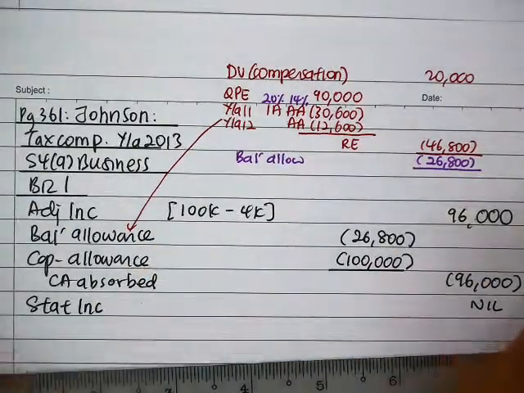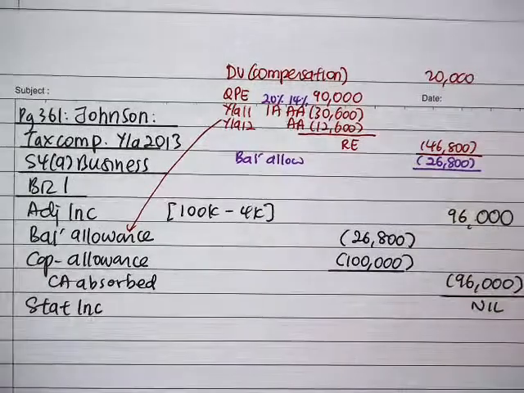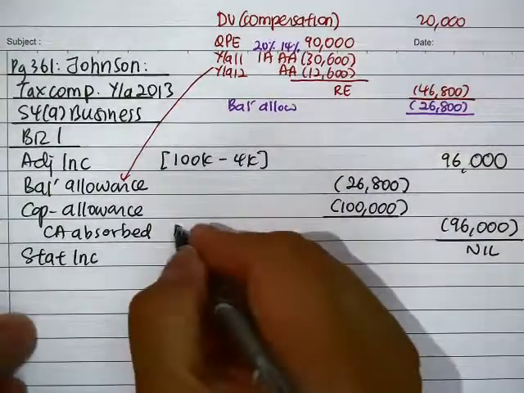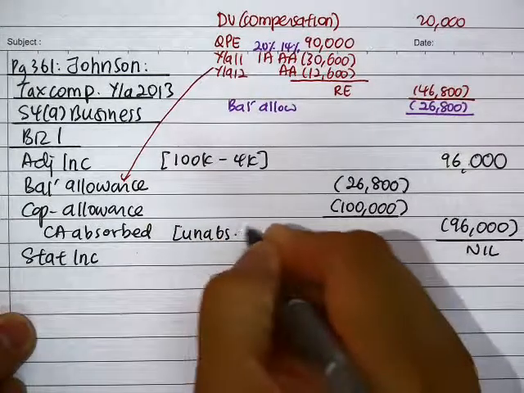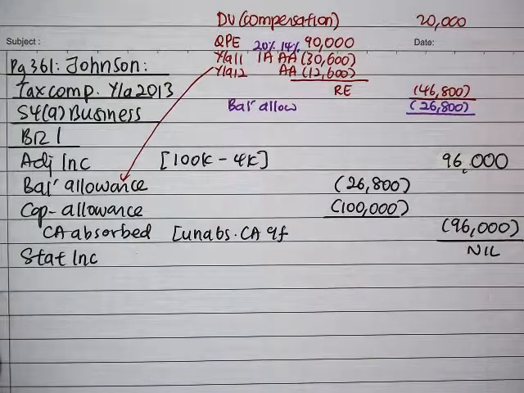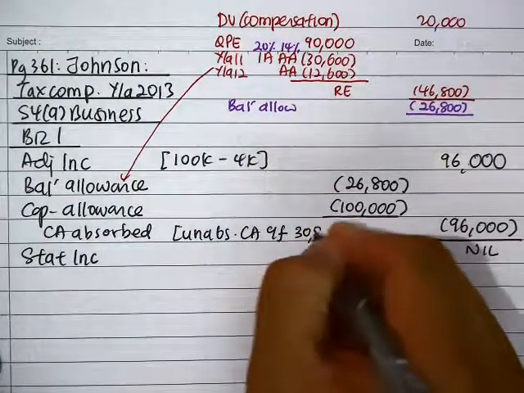So statutory income is nil. So that's unabsorbed CA, carry forward. $38.